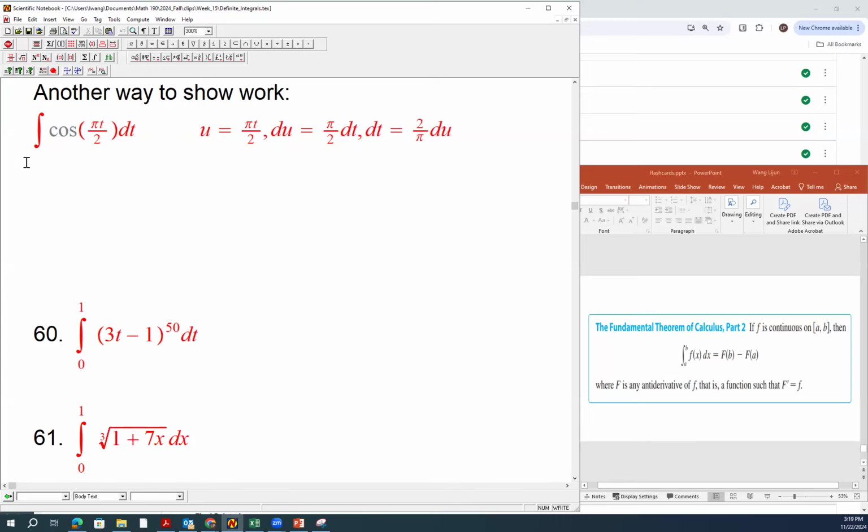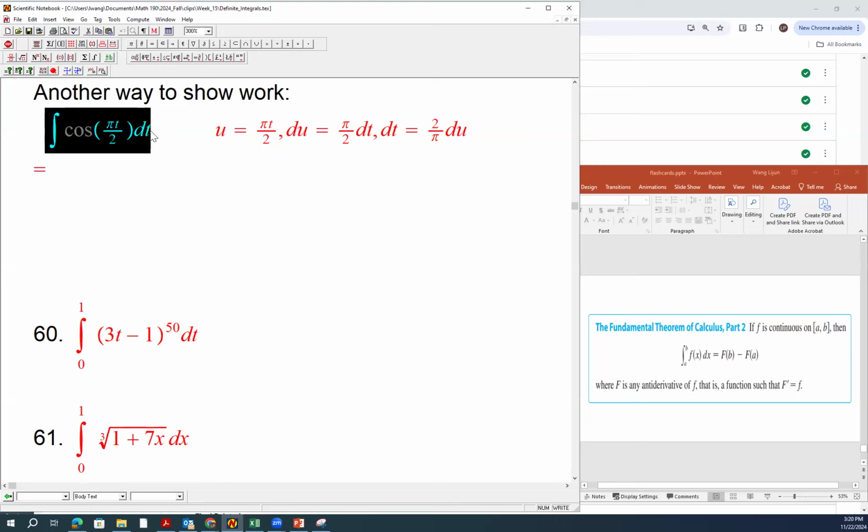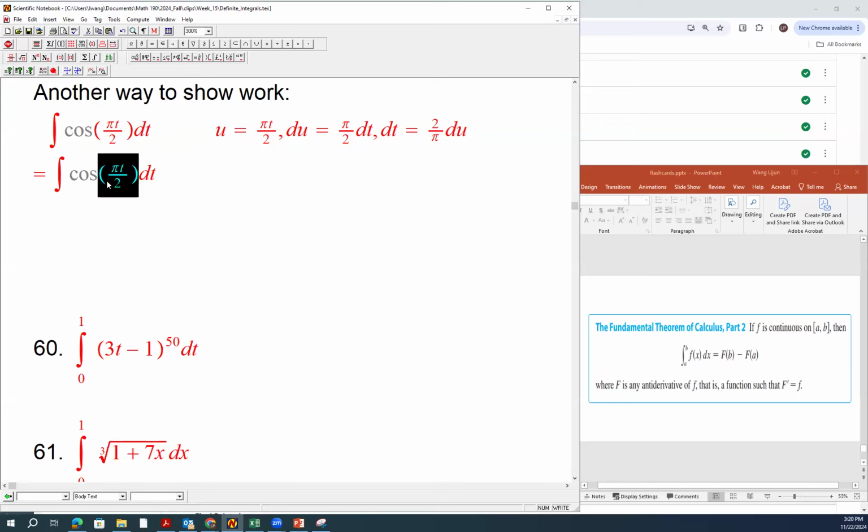So another way to show work is that you show it this way, and then you find the indefinite integral. So this is u, right? And dt will be replaced by 2 over pi du, and 2 over pi we can place outside.